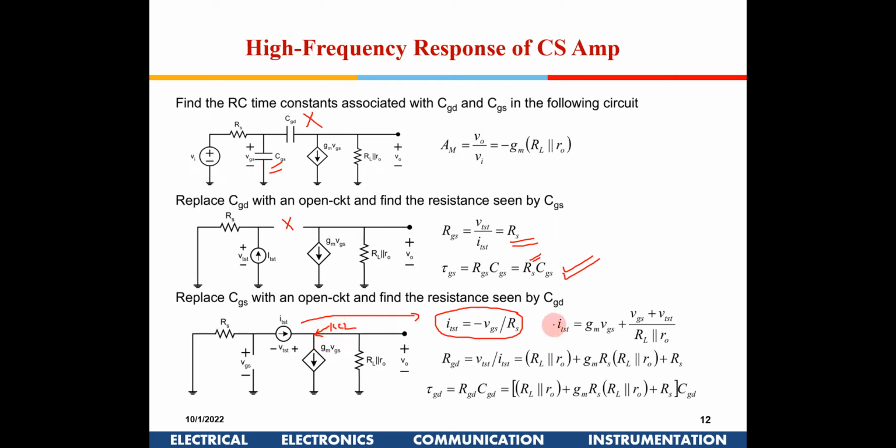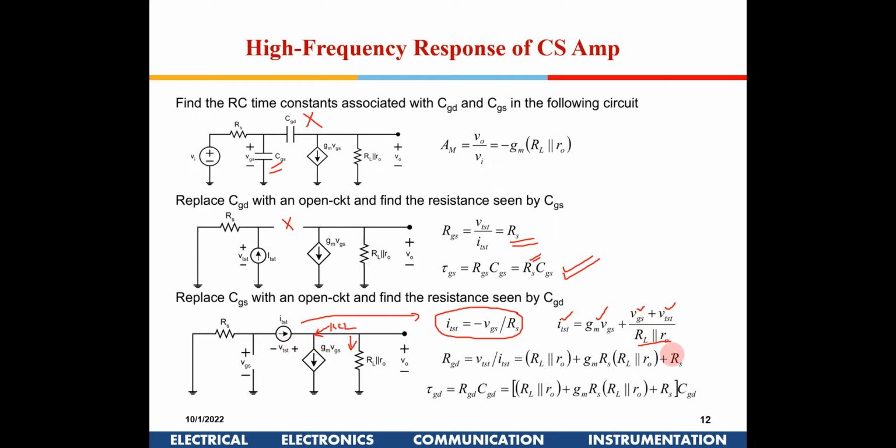So I test is GM VGS, this current, plus this current, which is flowing into this. Now what is the voltage across here? This is VGS, plus VGS is available till here, and another V test is available here. So I am writing VGS plus V test divided by this resistance. Is it okay till here?